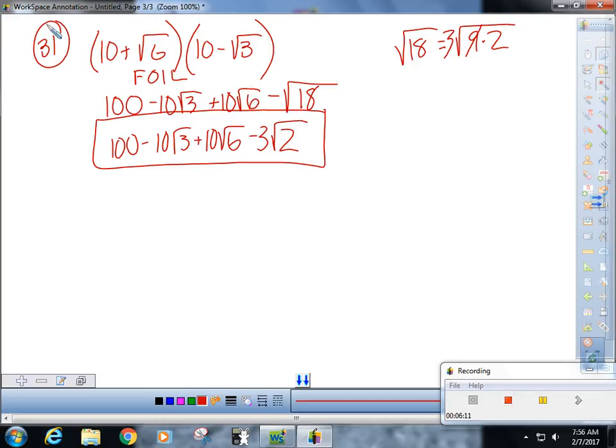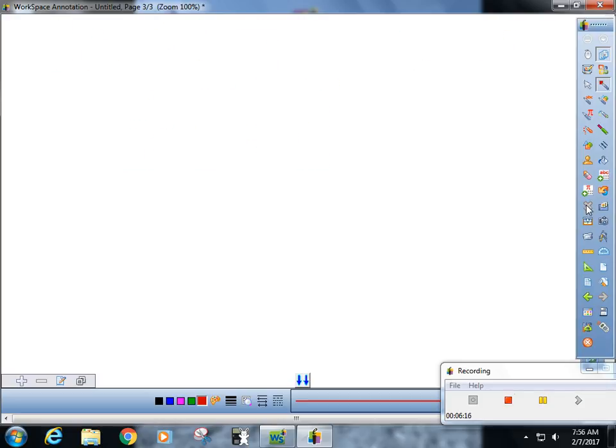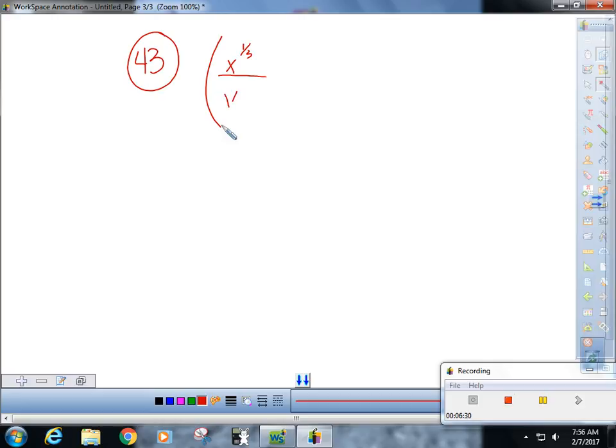Up next, you've asked for number 43. It says x to the 1/3 over y to the negative 2/3 all to the 9th. Remember that when we take a power to a power, anyone remember what we do? We multiply, okay?